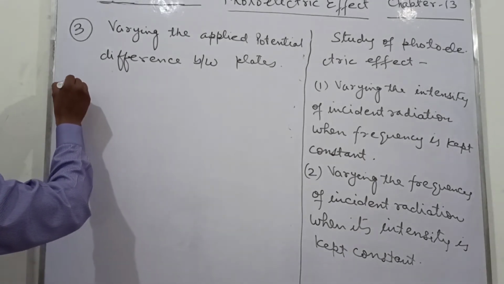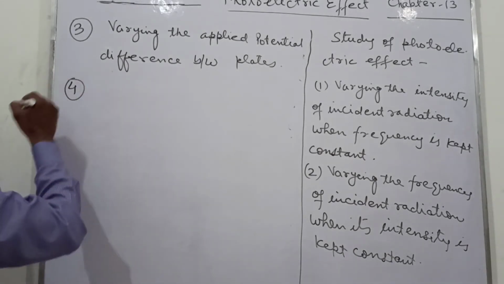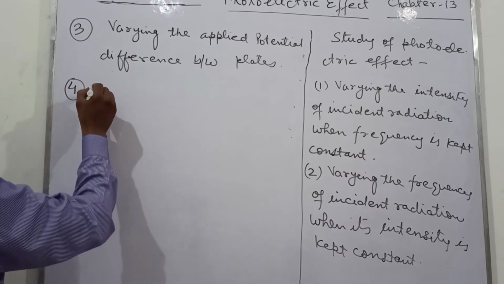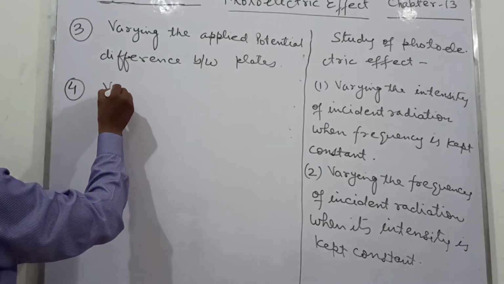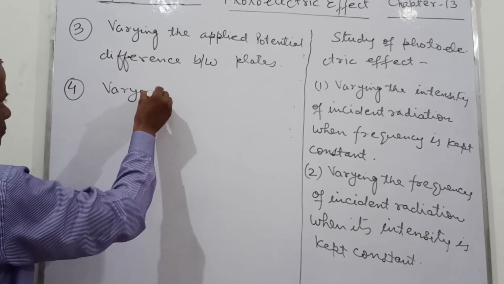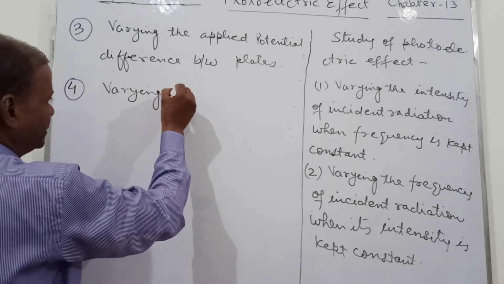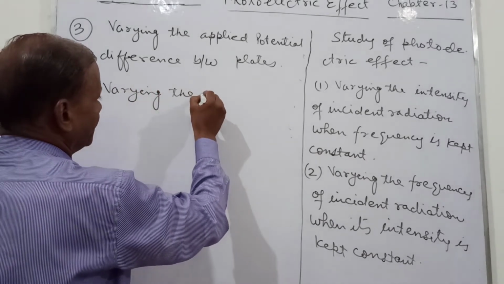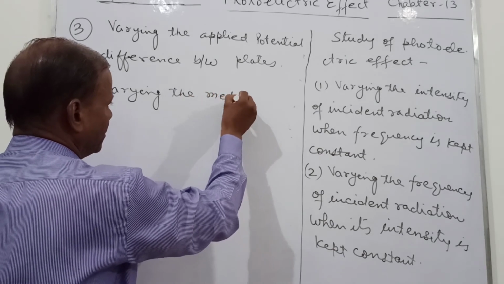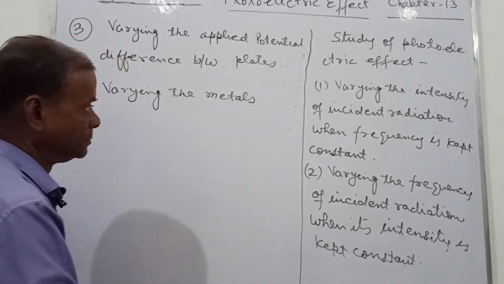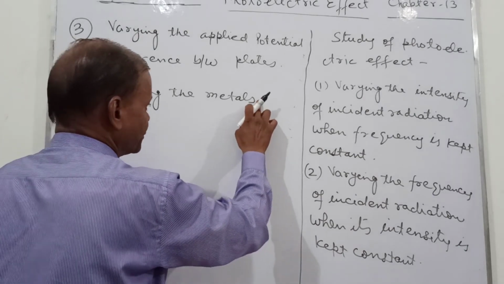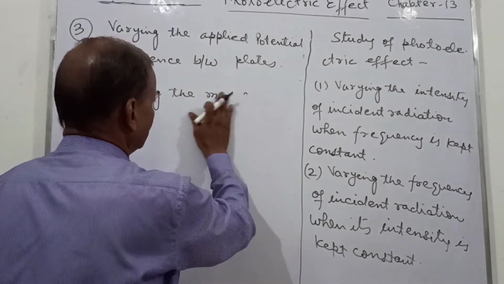And fourth is varying the metal surface, that is, the nature of the metal.